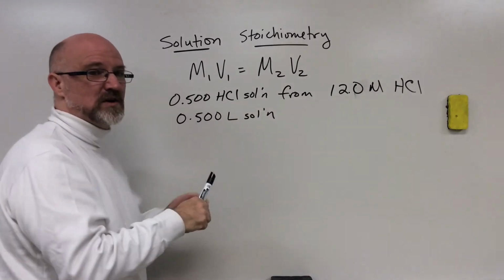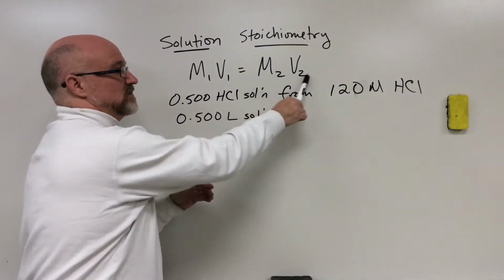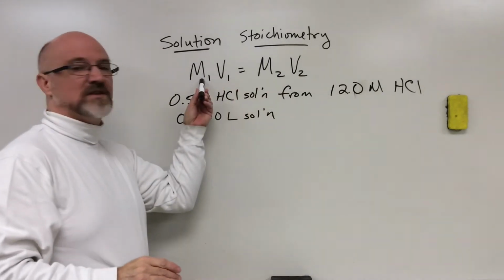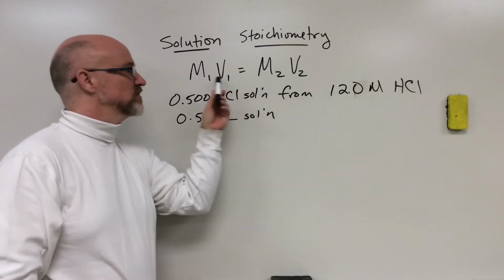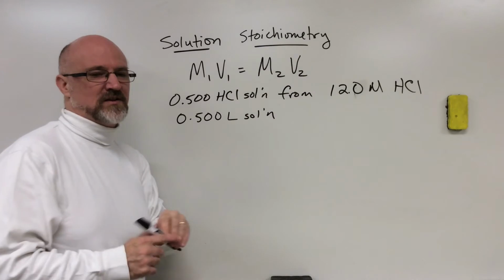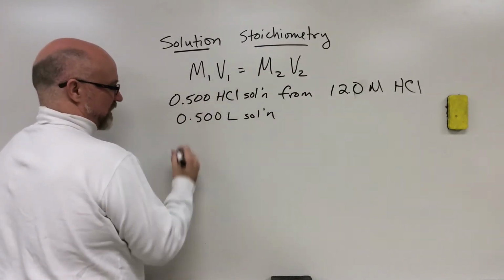So I need to know the final volume and the final concentration, and the concentration I'm starting with. And then it's just a question of calculating how much of that starting solution I take and then dilute down to a final volume. So here I just plug in everything I have.